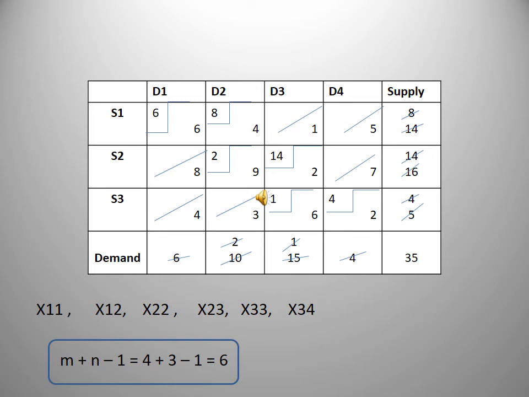The values of basic variables of the initial basic feasible solution are displayed inside the cells in the rectangular box in the northwest corner of each basic cell with the corresponding cost. The number of allocations is 6. m plus n minus 1, that is 4 plus 3 minus 1, is equal to 6.